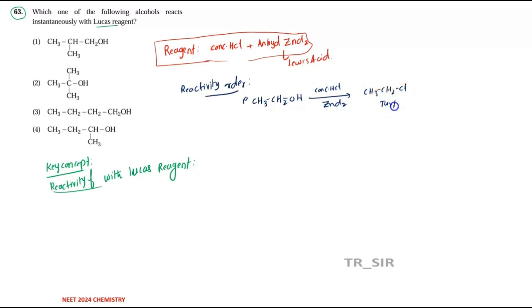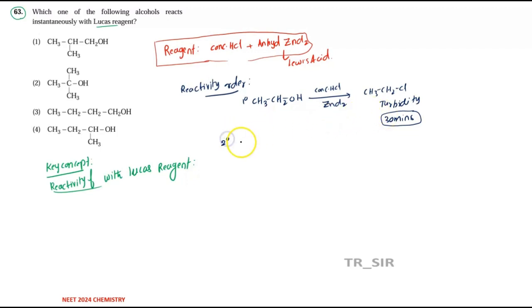Turbidity will form, but with less reactivity. It will take at least half an hour to form the turbidity. That is the Lucas test for a primary alcohol.